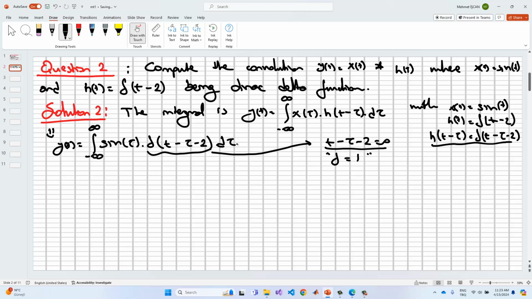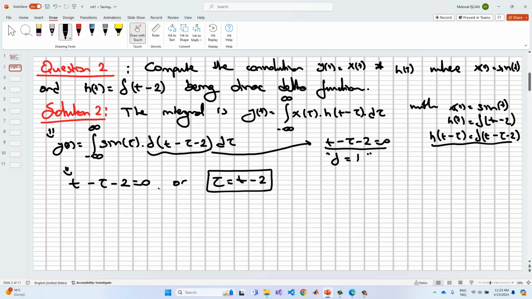This is the instant value, so we don't need to compute the whole integral. If we have the condition t minus tau minus 2 equals 0, then tau equals t minus 2.